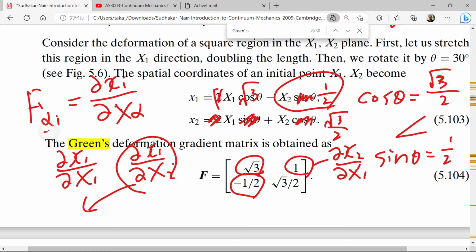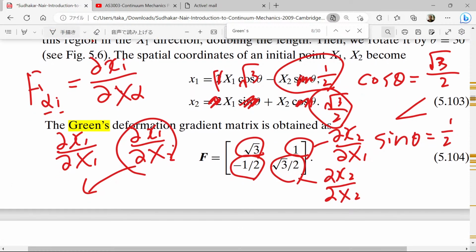Yeah, because you have alpha I, 1, 2, 1, 2. Then you get this one. So this one is partial small x2, partial large X2, which is this. Okay.